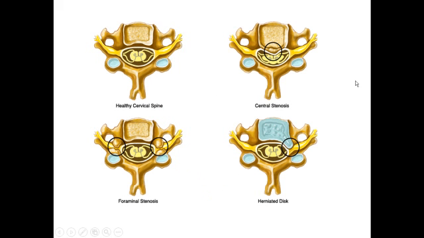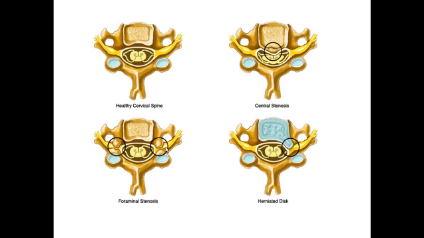If you look up here in the upper right-hand corner, you see another picture of cervical or central canal stenosis, spinal canal stenosis. We also could have stenosis of another foramen, which is intervertebral foramen stenosis, and that's down here in the lower left. And again, same types of reasons.